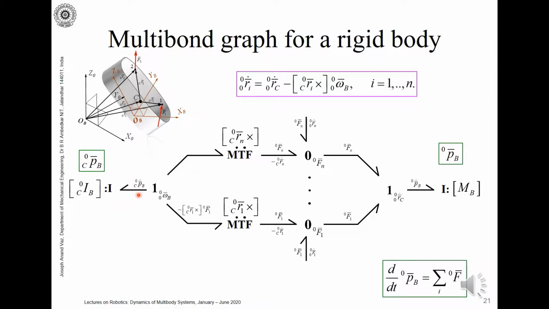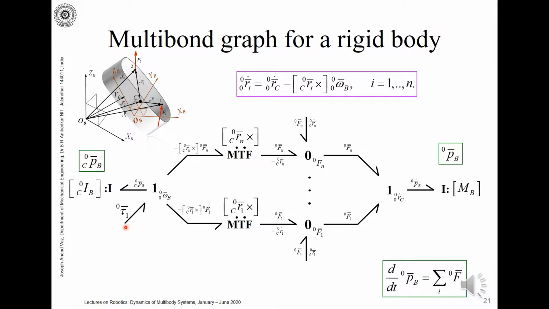So the rate at which this angular momentum changes is caused by minus r cross f. So here you have this change of momentum is equal to minus of minus, so it becomes just r cross f1. So this goes on right up to the moment due to the nth force about the center of mass of this body. So all these moments are added up vectorially.